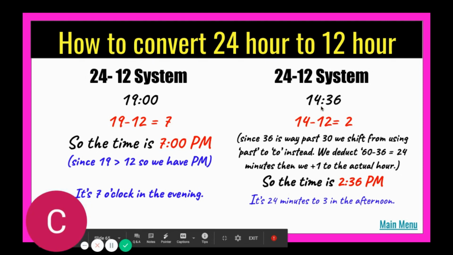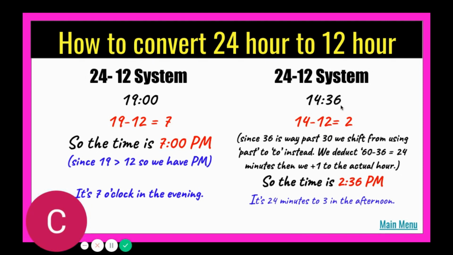All right. So right over here we have 1436 hours. So we have 14 minus 12 equals 2. Since 36 is past 30, we shift from using past to 'to' instead. So we deduct 60 minutes less 36 minutes, which equals 24 minutes.